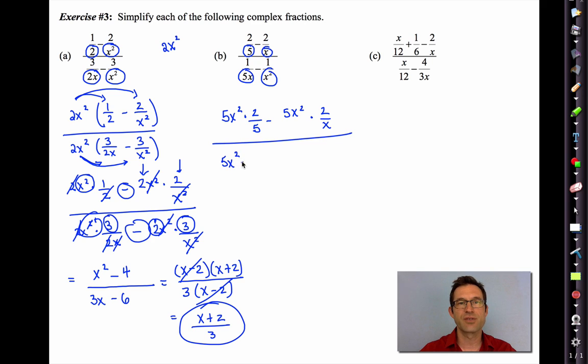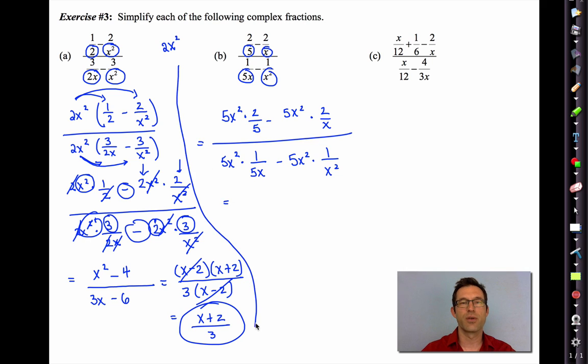Then I'll have 5x squared times 1 divided by 5x minus 5x squared times 1 over x squared. All right, let me draw a little dividing line here so we don't confuse the two problems. Let's do some canceling. The 5's cancel, and we're left with 2x squared.